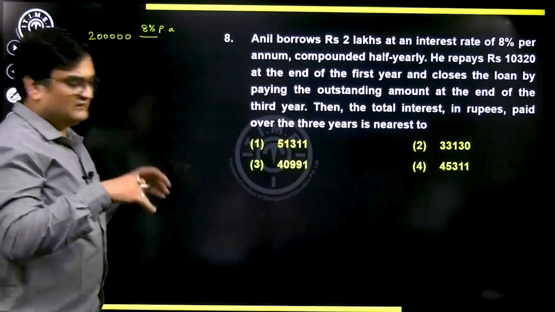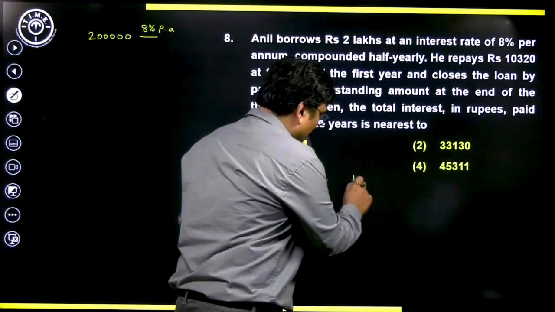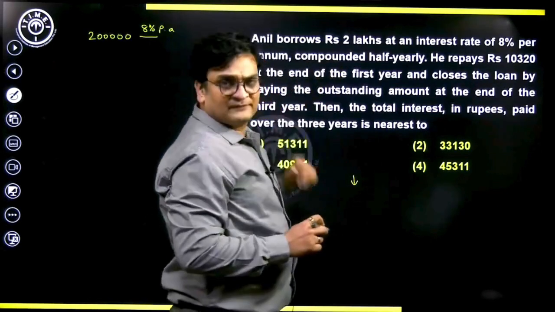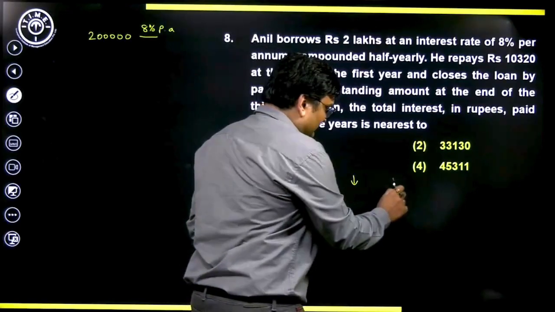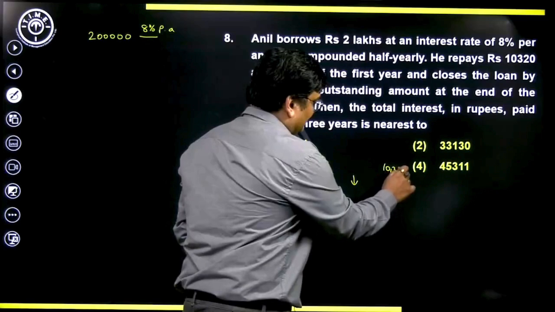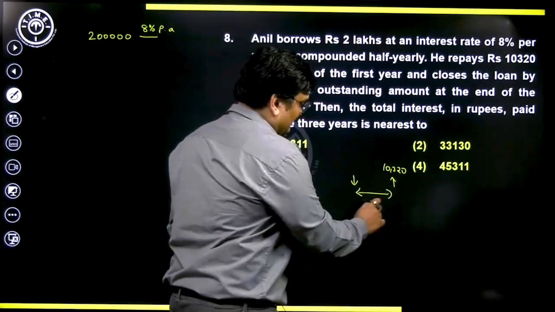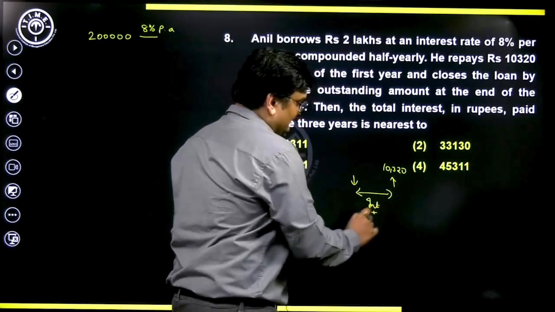If you look at the way the payments are occurring, in the first year he got a loan of 2 lakh. After 1 year, he made a partial payment of 10,320. During this time, of course, some interest will be added.